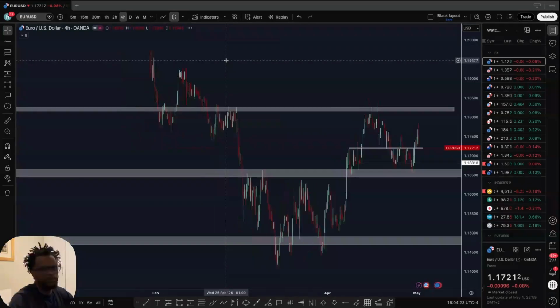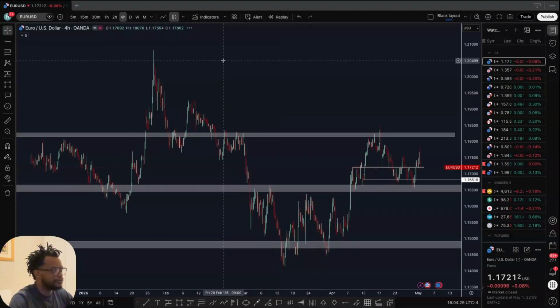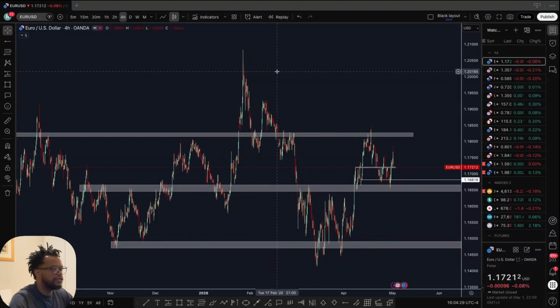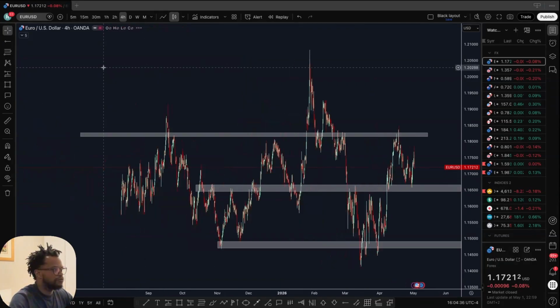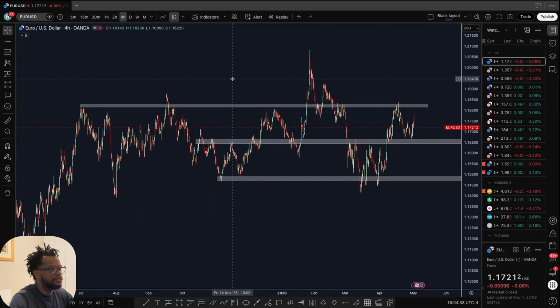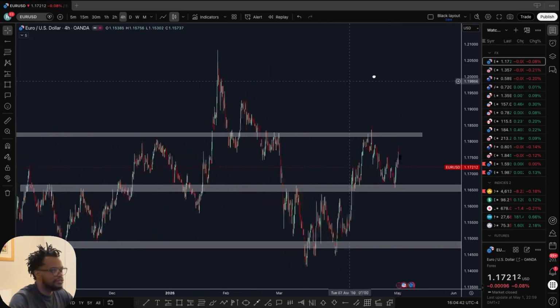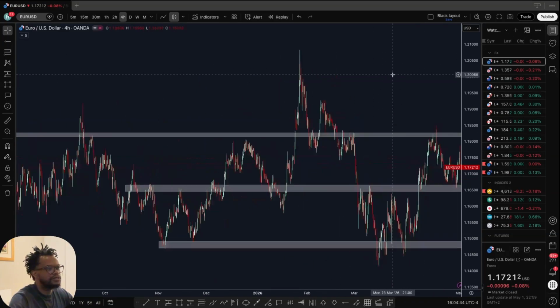So what I do every week is I like to delete all the intermediate SNR levels, because I trade support and resistance, but obviously there's a lot of things baked into that. It's not just support and resistance.